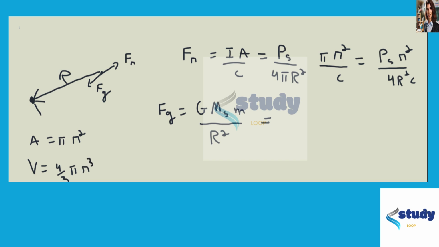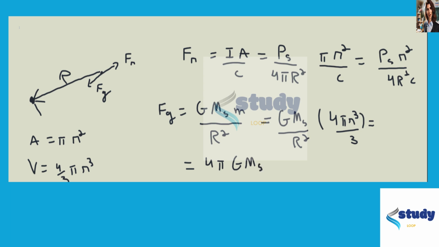So this is G M_s divided by R squared, times 4 pi r cubed divided by 3. And we can write this as 4 pi G M_s rho, because we are writing the mass as density times volume, times r cubed divided by 3 R squared.